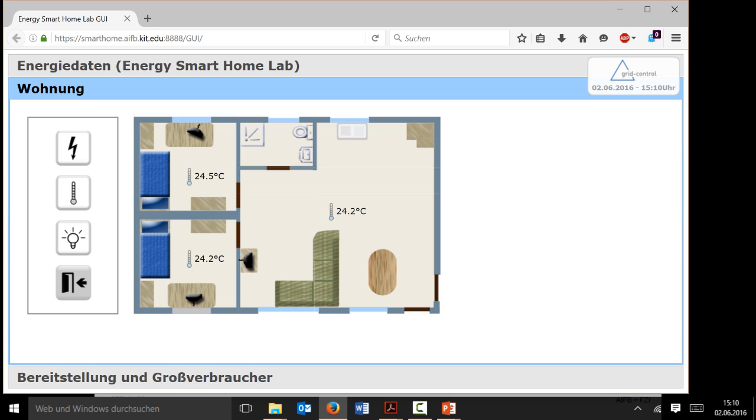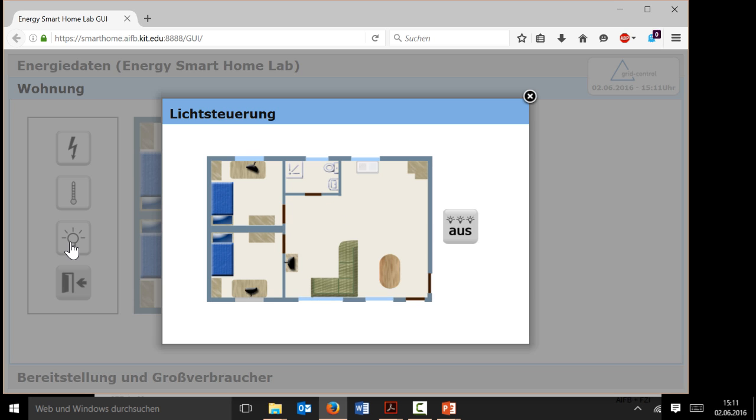Then we have a layout of the house, and you also see temperatures indicated here, so we do have temperature sensors. It is quite warm at the moment, 24 degrees.